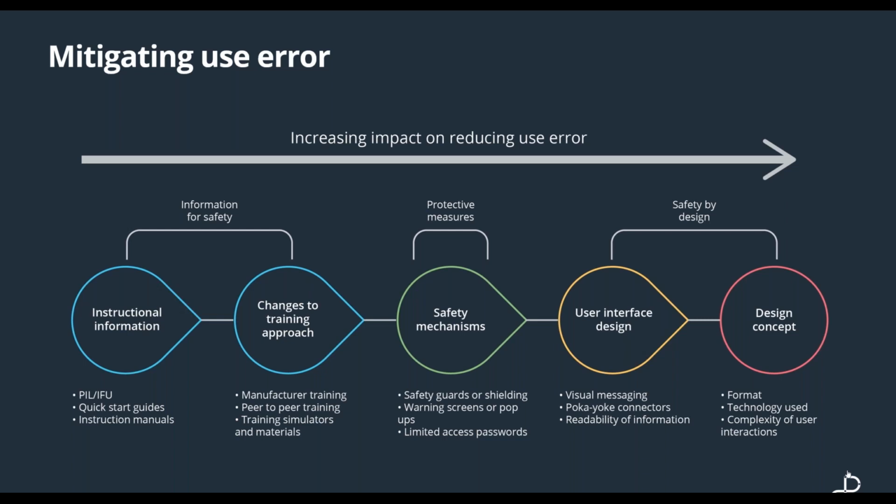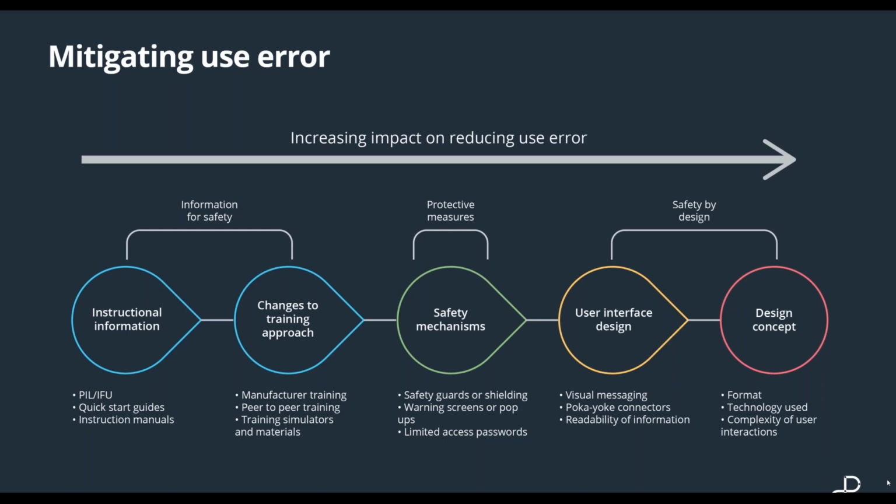So our feeling is that usability engineering is not always applied early enough when critical decisions are made around the format of a technology. Is it an injection product, or is it a tablet? That would be an interesting example. Is that appropriate for that user group and that use environment and that use scenario, if you look at pharma specifically?